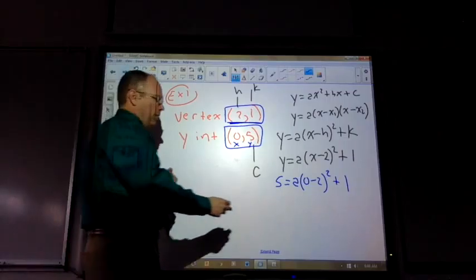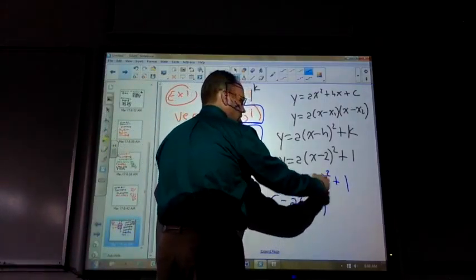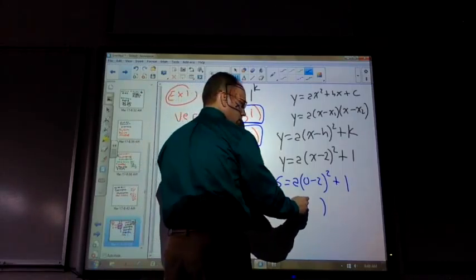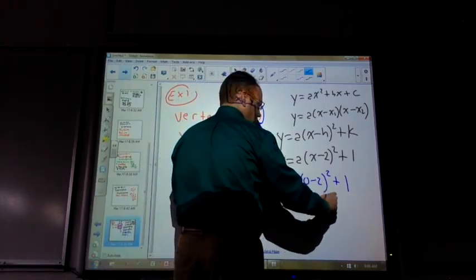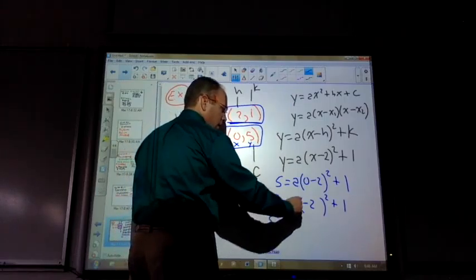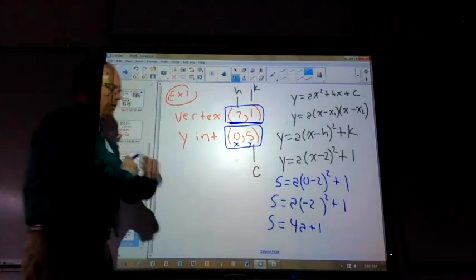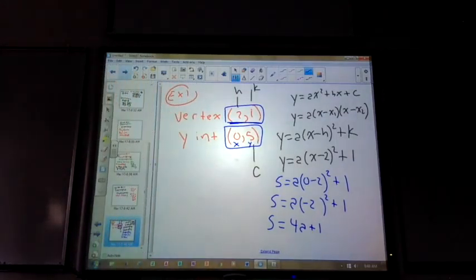All right, let's do a little math. 5 equals a times, what is 0 minus 2? Negative 2, and that's squared, plus 1. What is negative 2 squared? 4. And I'm going to change the order to become 4a plus 1. Does that make sense? 5 equals 4a plus 1.